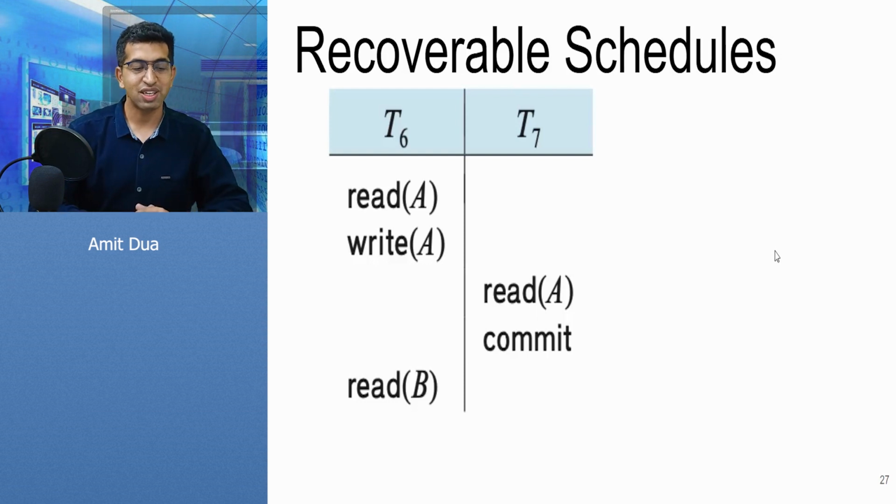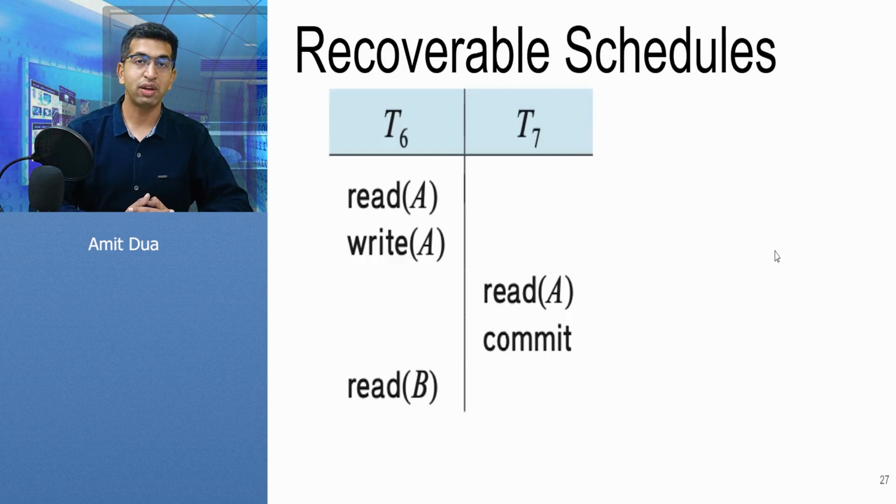So in this scenario, we can see that transaction 6 has written a data item A which is read by transaction 7, and transaction 6 has not committed till now. Now if transaction 7 commits and then there is a failure, transaction 6 will roll back because it has not committed, and transaction 7 can't roll back because that would violate durability.